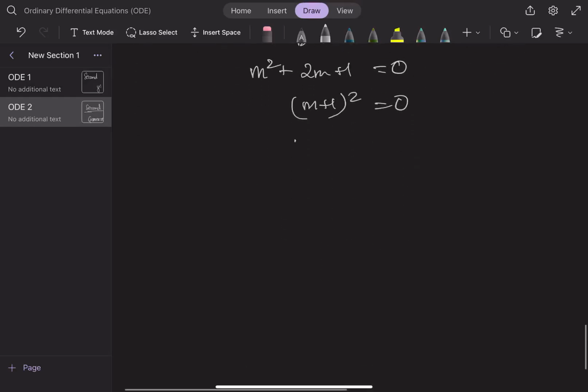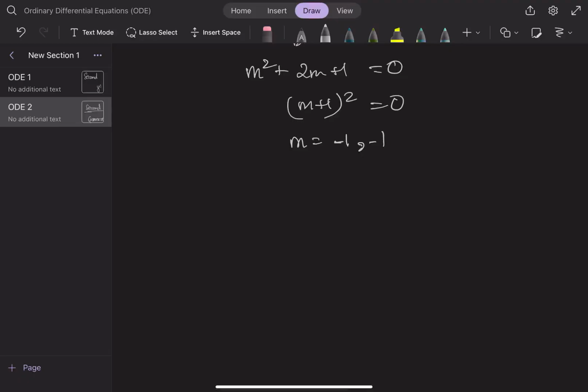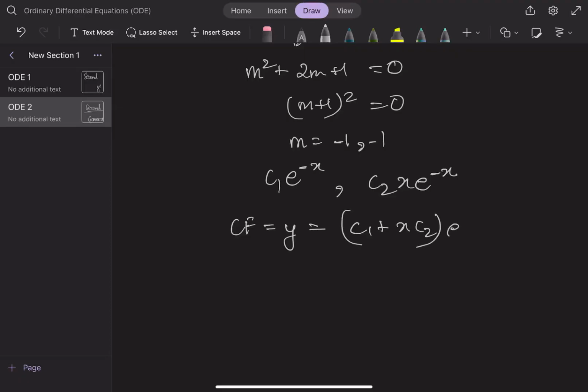So your roots are m is equal to -1 and -1. In this scenario, what did we do? We took first root as c1 e raised to minus x and the second one as c2 x e raised to minus x. So your solution becomes c1 plus x c2, e raised to minus x.